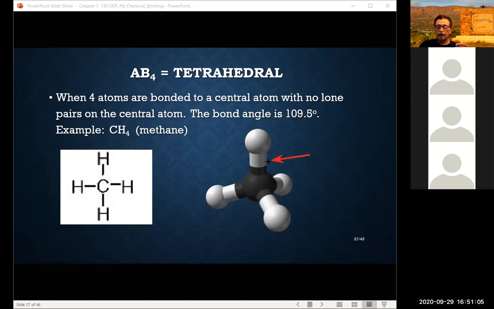Remember, this is a bond here, okay? And this is a bond full of electrons, two electrons, two electrons. The electrons want to pull away from each other. So in this configuration, that is the maximum distance they can be from each other and be fairly stable. And that maximum condition gives a bond angle of 109.5. And again, that's the most common configuration that we find out in nature for a tetrahedral.